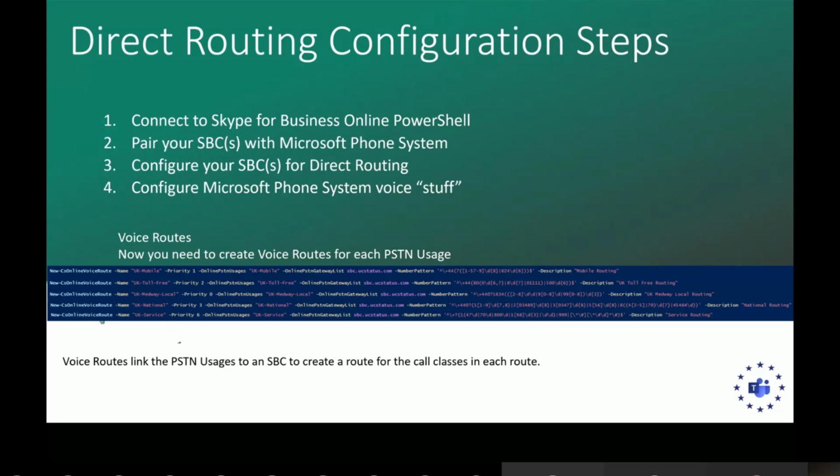In this case, I've only got one, but if you've got multiple, for instance for resiliency, you could have sbc.ucstatus.com, comma, and then your next one, your third one, fourth one, whatever you want. And then there's the number pattern, which is all the normalization and translation stuff. And then a description, which is optional, but obviously always recommended to help the help desk or anybody else troubleshoot things.